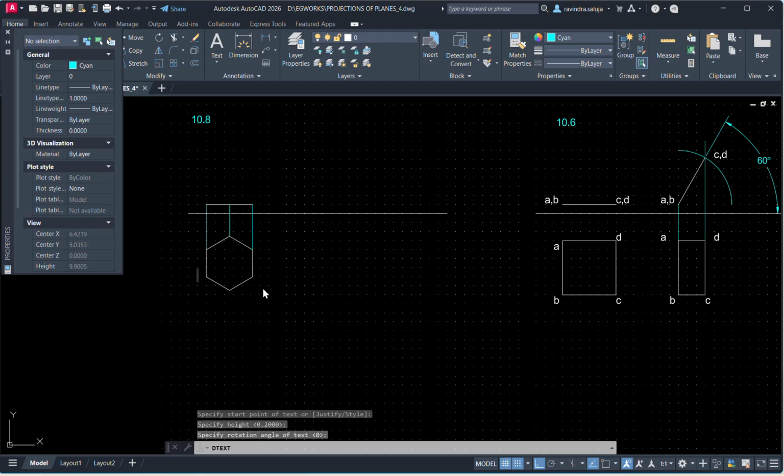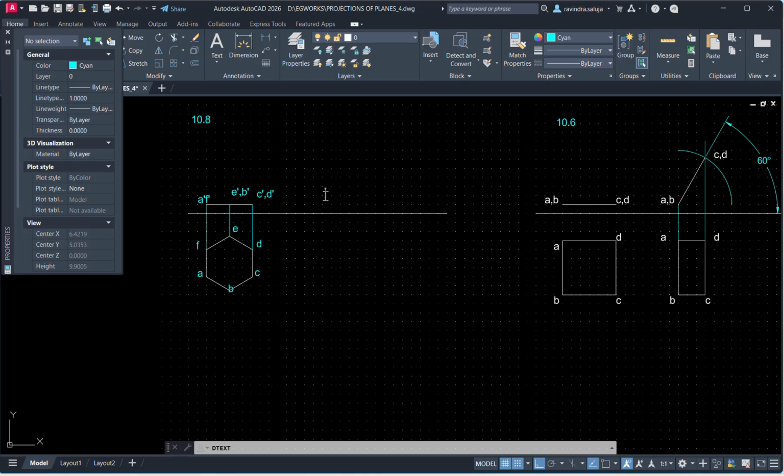So what is the labelling? A, this is B, this one is C, D, E, and F. This point is A dash, F dash, E dash, comma, B dash, C dash, comma, D dash.